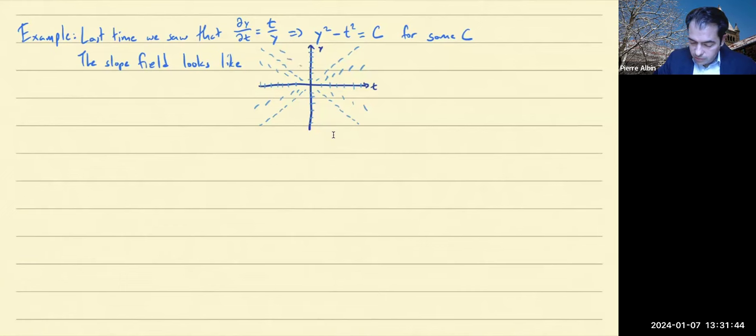Similarly, you can fill this in. In this case, we actually know already what the solution curves are, and so we can fill in that over here you'd have something like this. So you'd have these hyperbolas. And if you had a solution curve over here, you'd have something like this, and so on.